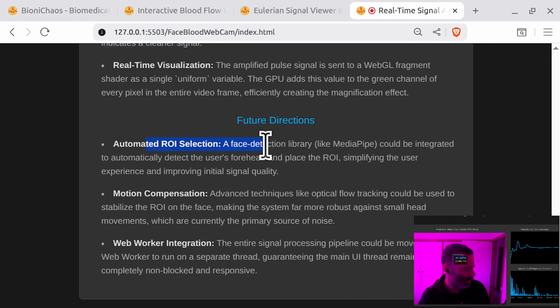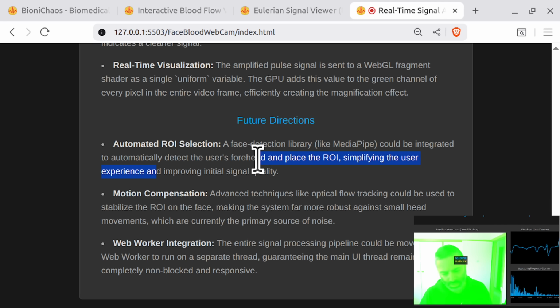Future direction, automated ROI selection, face detection library. MediaPipe will do. Could be integrated to automatically detect the user's forehead. Wonder if there's anything that could find any skin.